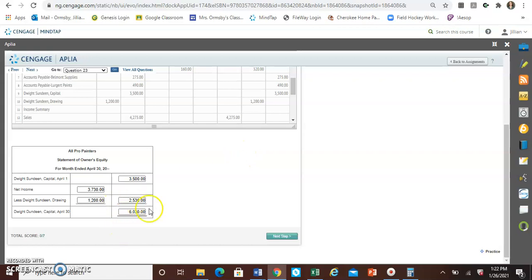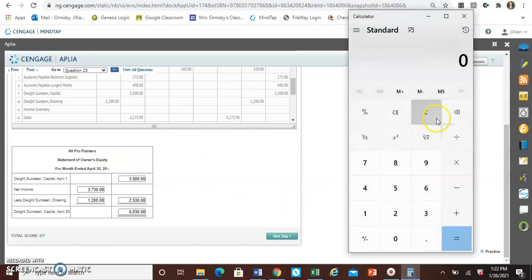This is the amount that we are going to include on the balance sheet, not this amount that we took from the worksheet. So that's very important to know. Also, if you were just going to do this without doing the statement of owner's equity, remember the formula that you would use if you were determining this for net income, which we are right now.